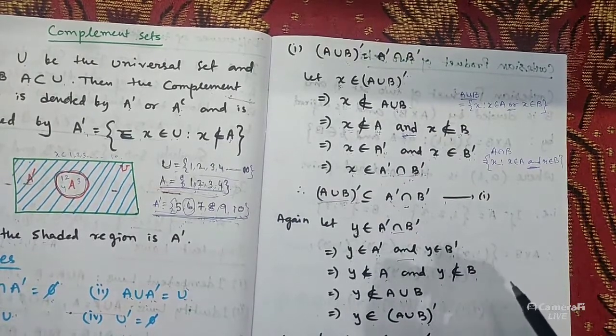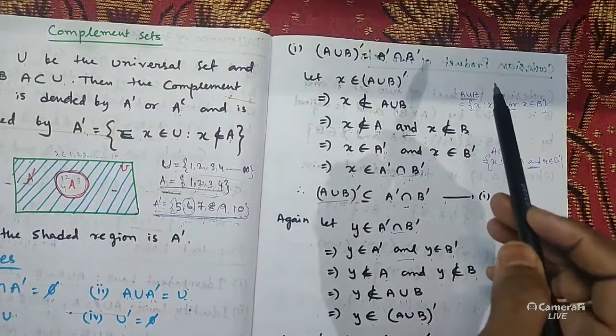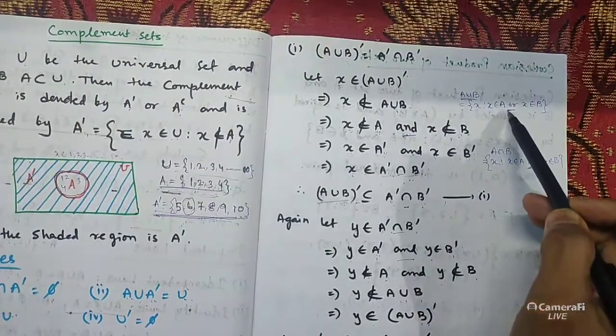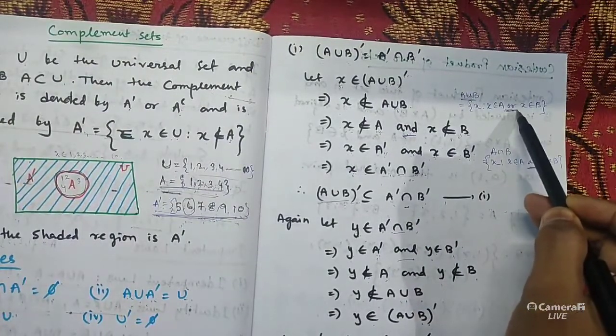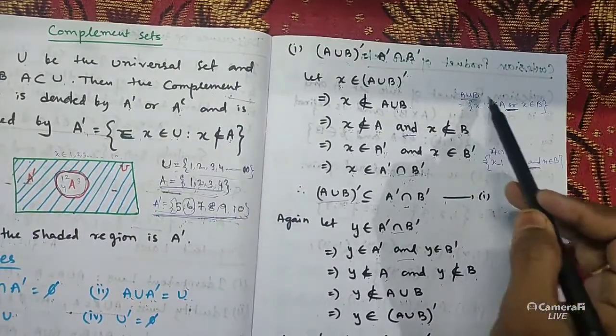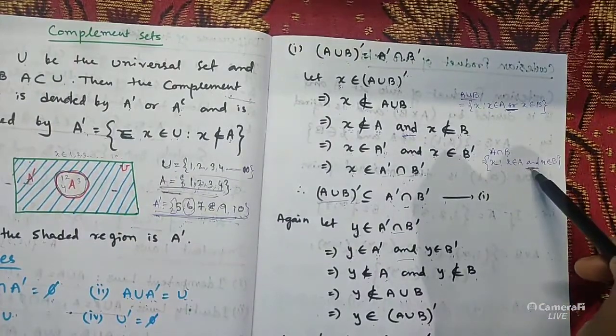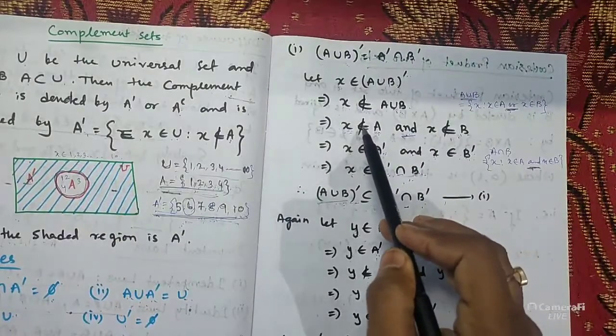Definitely or means union and and means intersection. But remember, when the belongs to symbol is there, then only we can take or means union and and means intersection. A union B means or and A intersection B means and, when the belongs to symbol is there. But here does not belong to is there.